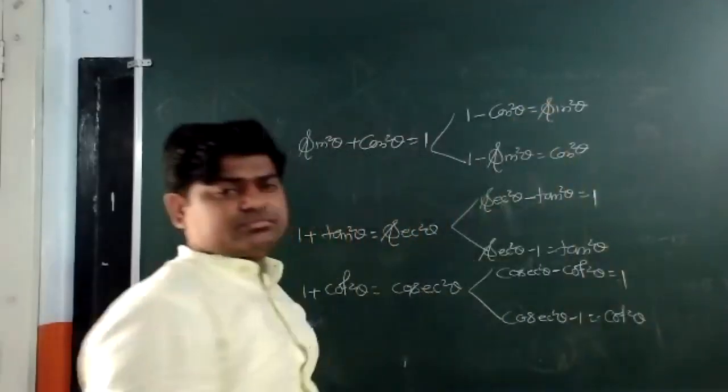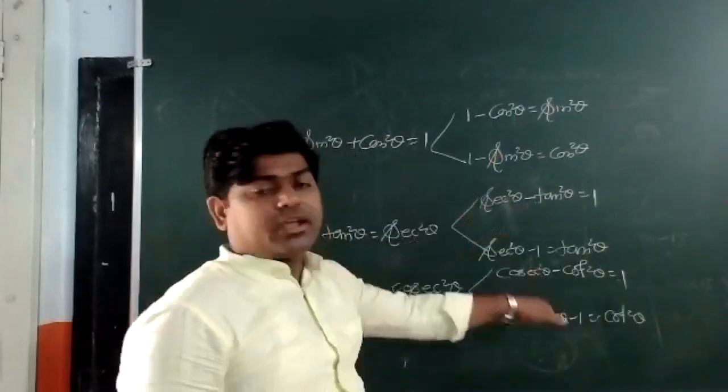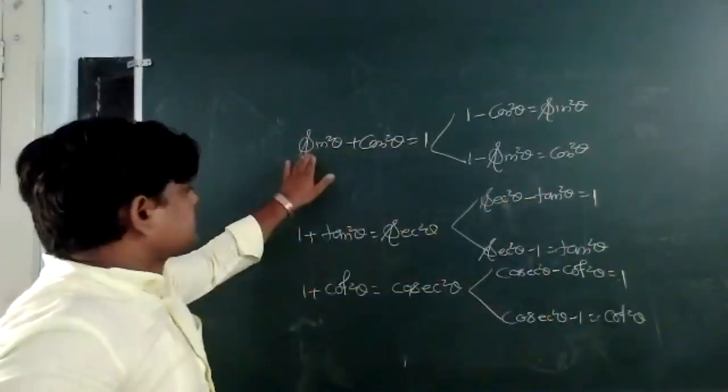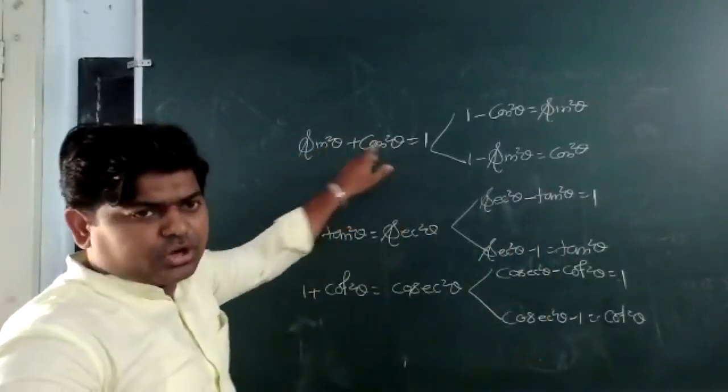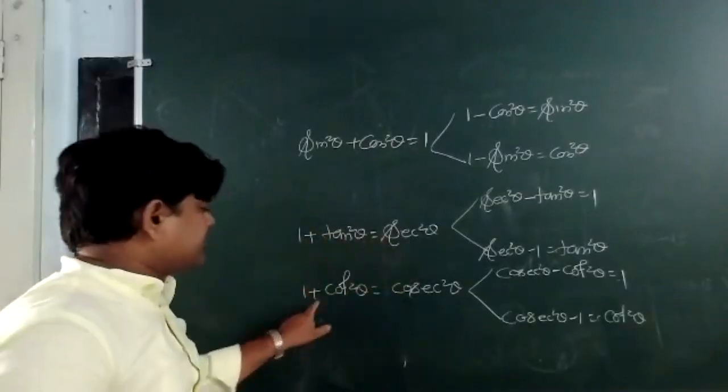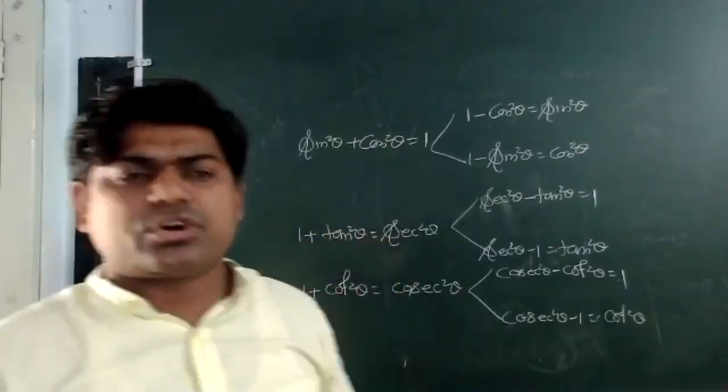Whatever I have written here is from transposition only. The main formulas are sin square plus cos square is equal to 1, 1 plus tan square theta is equal to sec square theta, and 1 plus cot square theta is equal to cosec square theta.